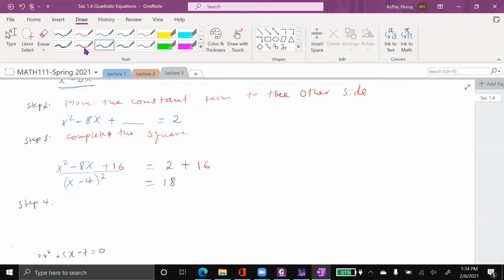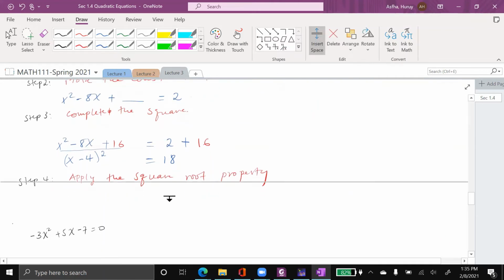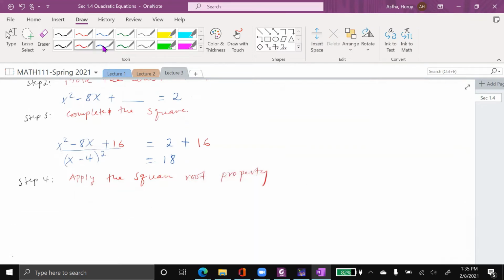Now here, we apply the square root property and then solve for x. So here we have x minus 4 squared equals 18. And then x minus 4 has to be plus or minus root 18.